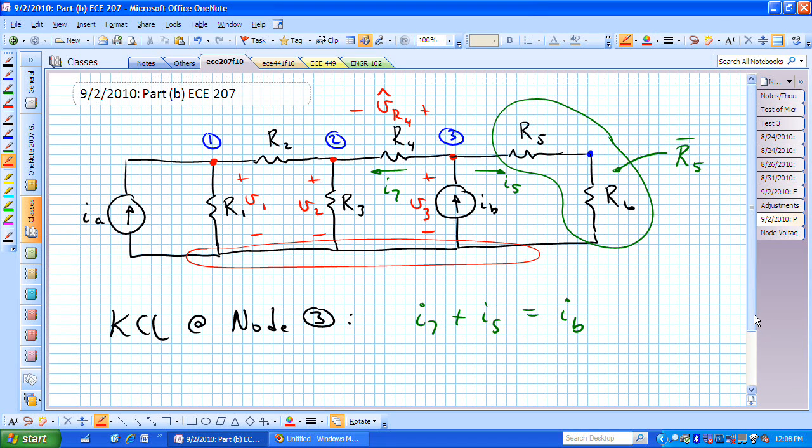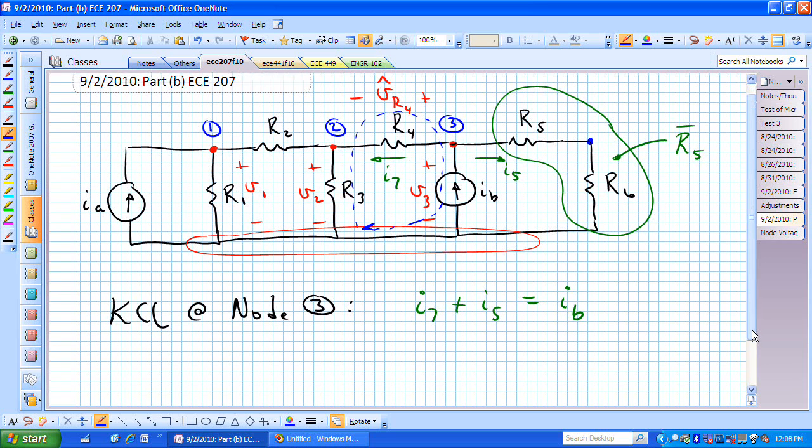And we can remind ourselves what exactly V sub R sub 4 hat equals by doing this KVL expression: by KVL, minus V sub 2 minus V sub R sub 4 hat plus V sub 3 is equal to 0.